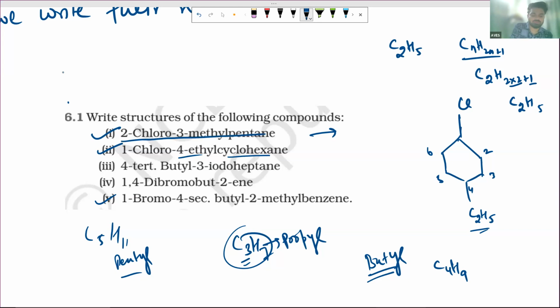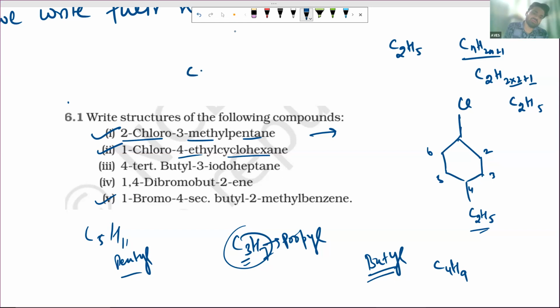What is the name for this chloromethyl pentane? 2-chloromethyl pentane. What, sir? I didn't get you. 2-chloromethyl pentane. So pentane, is it a straight chain or a long chain? It's a straight chain, sir.